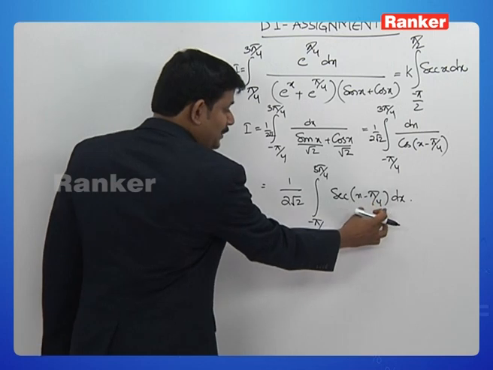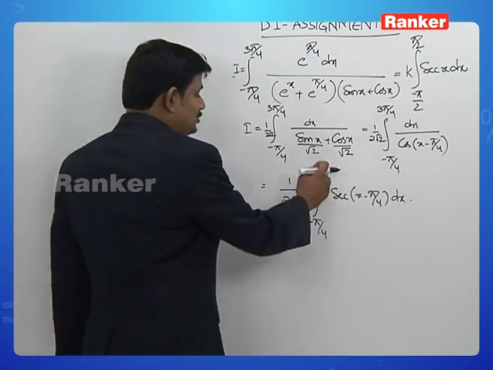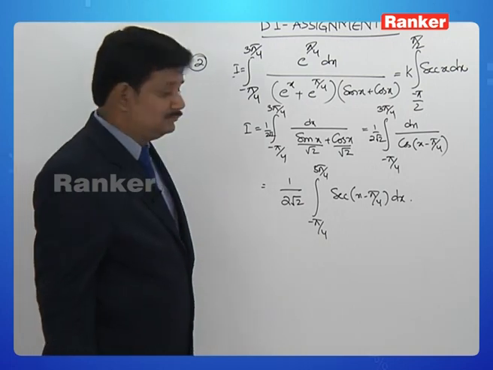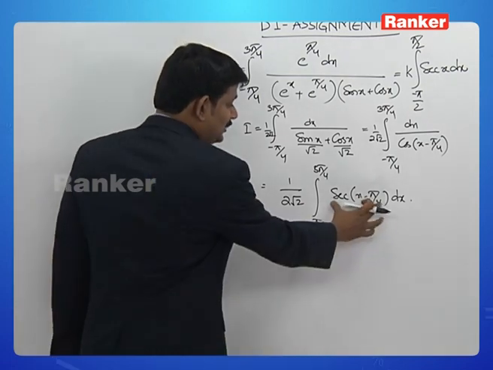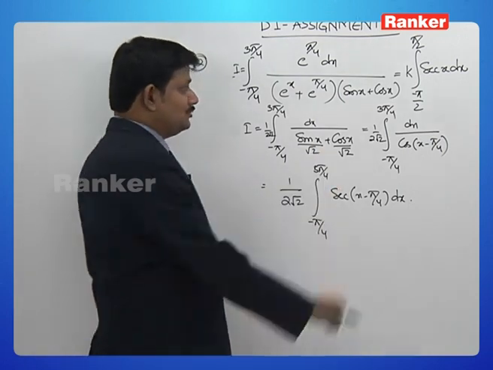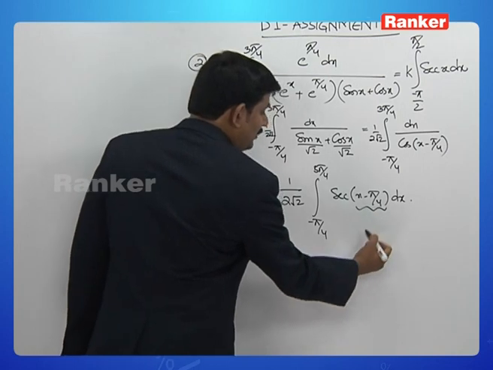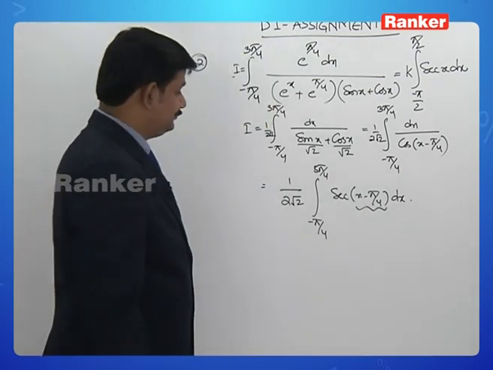So, we need to integrate secant of x minus pi by 4 when x is varying from minus pi by 4 to 3 pi by 4. This is as good as integrating secant x when x is varying from minus pi by 2 to pi by 2, or go for a substitution. x minus pi by 4 is equal to t.